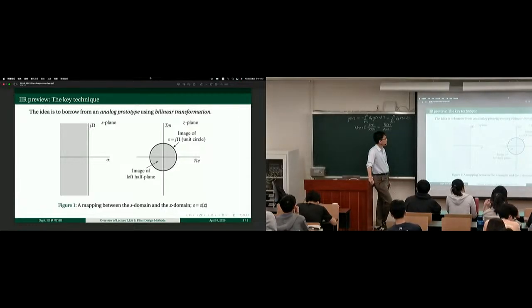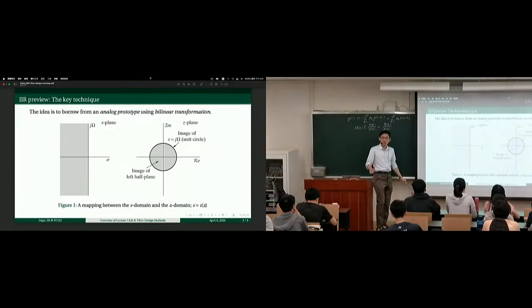Now a bit of a preview of how we design an IIR filter. And this is quite counterintuitive, should I say? 有点违反直觉. Remember that this course is about digital signal processing, but in designing a digital IIR filter, we will borrow from analog. That's the counterintuitive part.